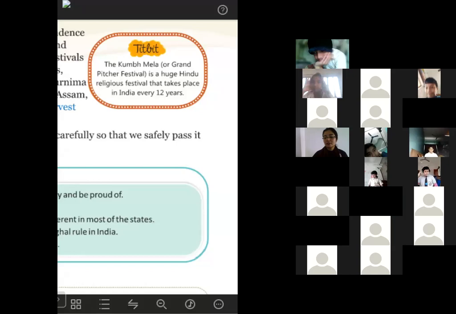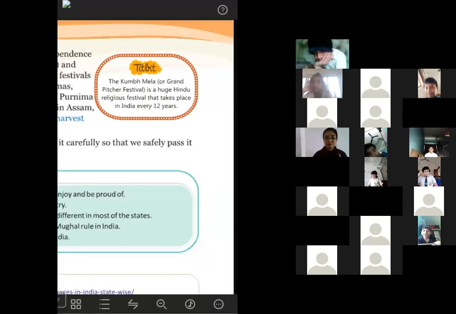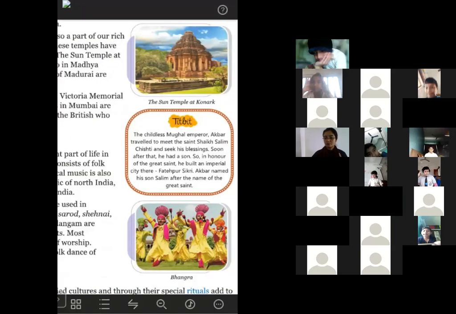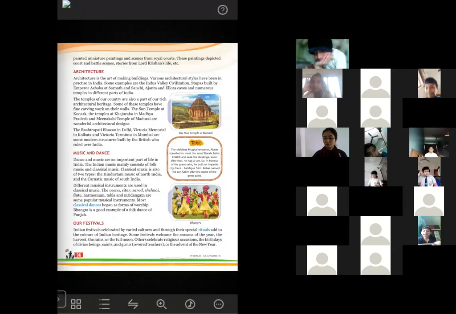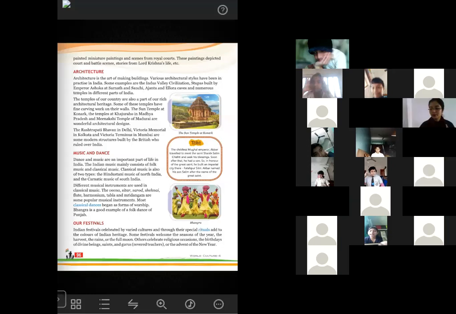And in the previous page also there is a tidbit box. So let's see what is written there. What extra information is given in this tidbit box? I'm zooming in on this part.